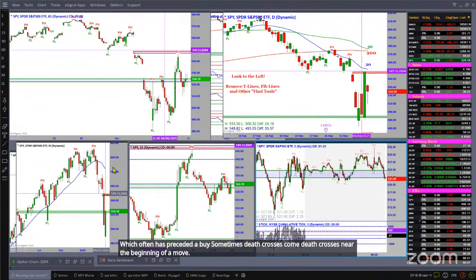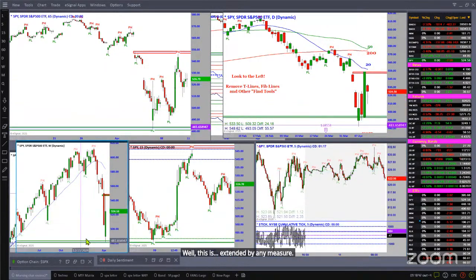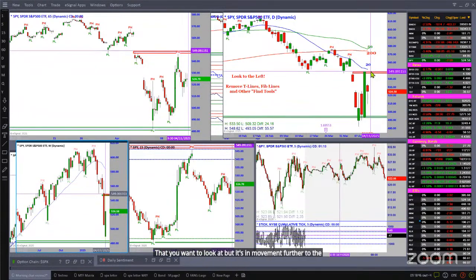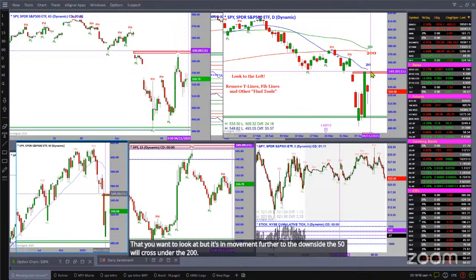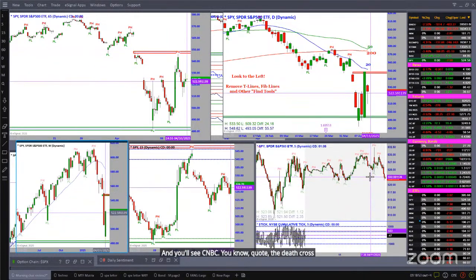Well, this is extended by any measure that you want to look at, but with movement further to the downside, the 50 will cross under the 200, and you'll see CNBC quote the death cross. And so as SPY. And many times it's preceded where the markets have stabilized and gone up.